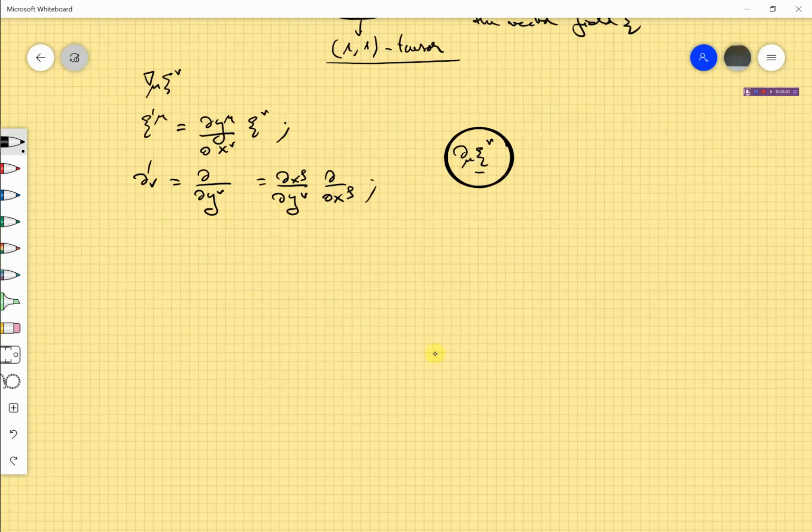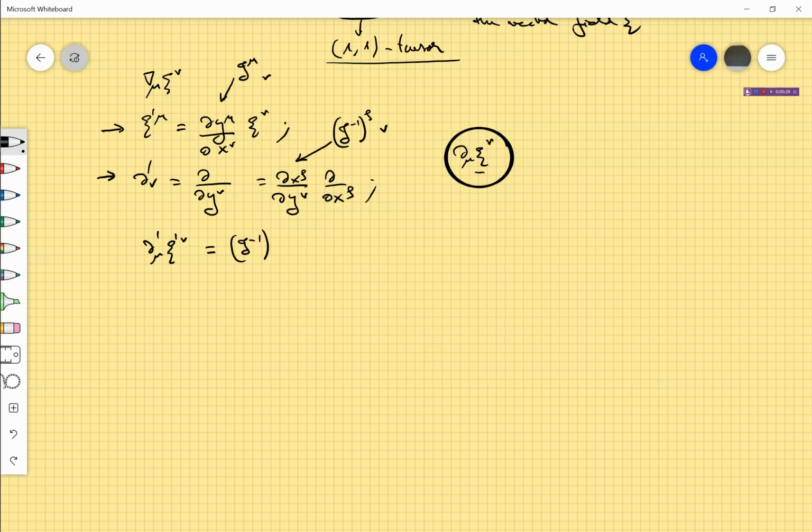We have partial prime mu, psi prime nu, and before I apply these two rules, let me rewrite them using the Jacobian matrix, which is this one. So this would be J nu beta, and then this would be the inverse Jacobian matrix J minus 1 alpha mu.